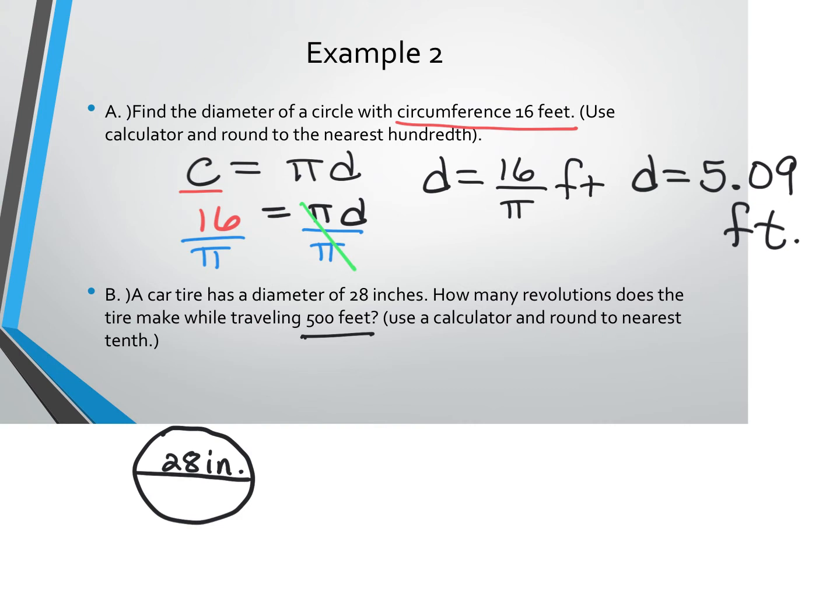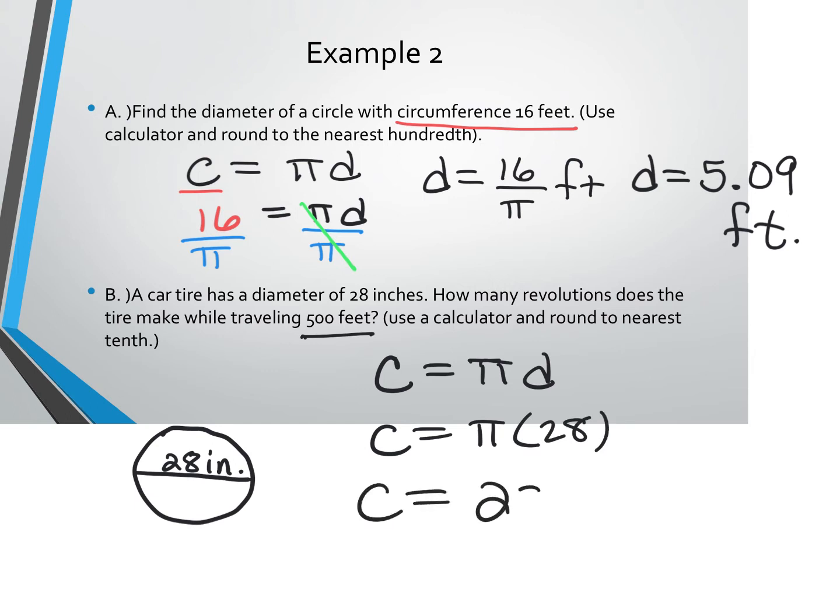Now, 1 revolution of the tire is going to be the circumference. So I need to calculate the circumference of this tire. So I'm going to use, since it's given to me as a diameter, the pi d formula. So I'm going to replace my d with 28.